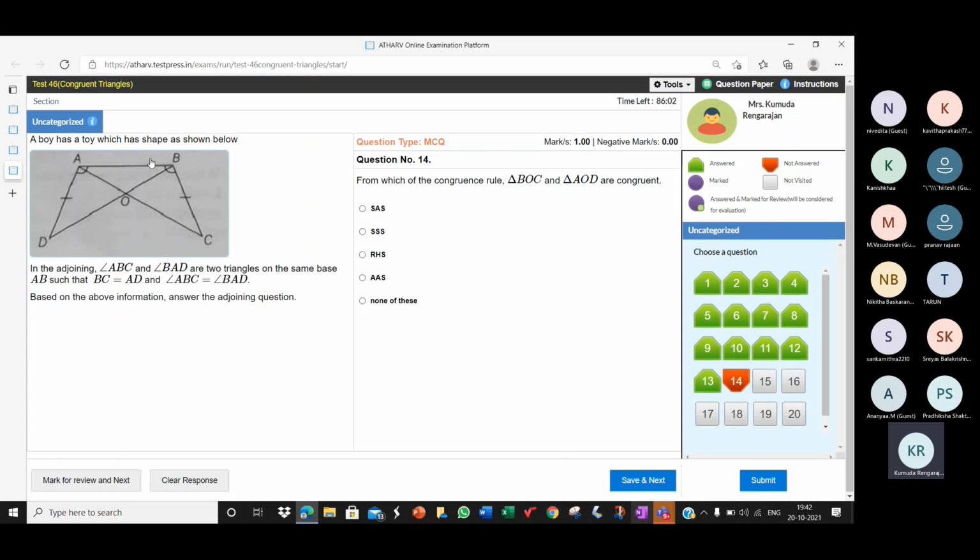We proved that. Let me go back to that. Yeah, see here. Didn't we prove ABC is congruent to BAD?